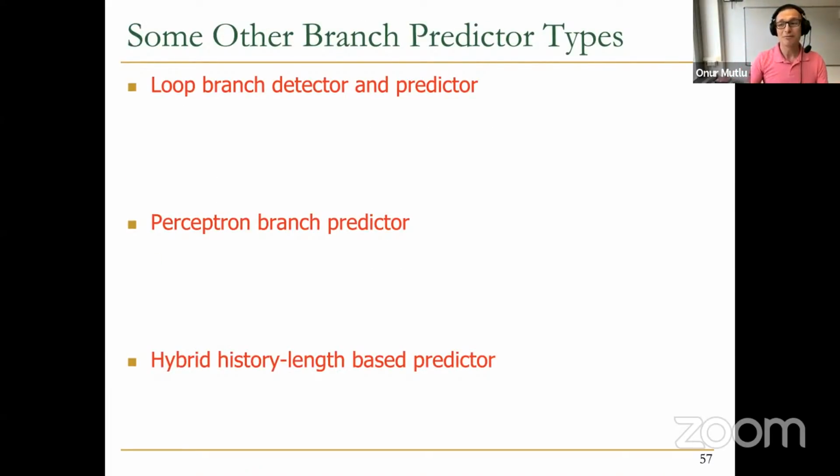Okay, so now we're going to switch to some other branch predictor types that improve prediction accuracy by exploiting different things. One thing that I will talk about is loop branch detection and prediction. So people have over time figured out that loop branches that are predictable can be filtered out as well.